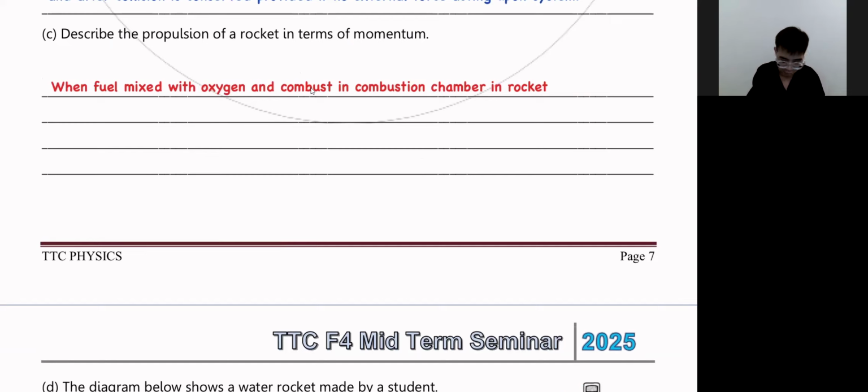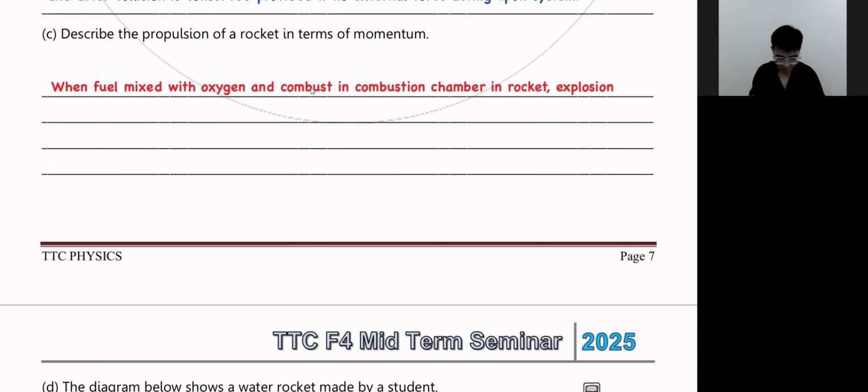Then, of course, the next thing you write is explosion. This explosion is not a bomb explosion. It is the momentum collision explosion. Remember last time we discussed collision: there are 3 types of collision, inelastic, elastic, and explosion. Explosion is one type of collision.